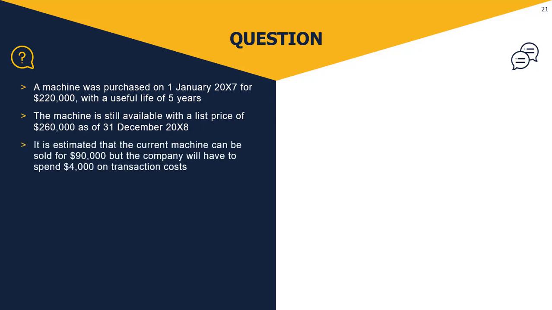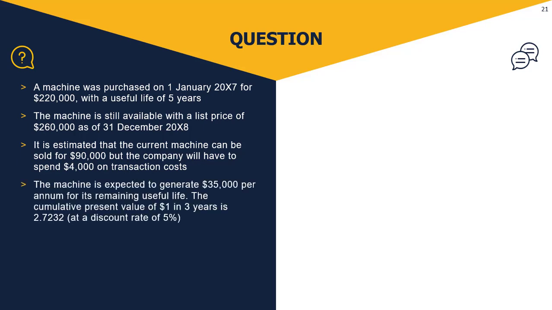It's estimated that the current machine could be sold for $90,000, so that's the market value, but the company would have to spend $4,000 on transaction costs, so additional direct expenses that relate to the sale. The machine is expected to generate $35,000 per annum for the remainder of its useful life. The cumulative present value of $1 in 3 years' time is 2.7232, assuming a discount rate of 5%.